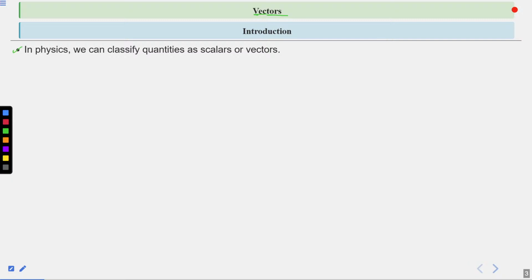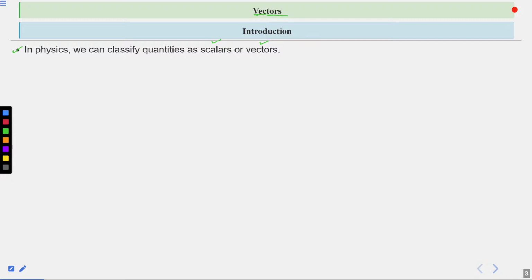In physics, we can classify quantities as scalars and vectors. So there are two types of physical quantities: scalar quantities and vector quantities. So here the question arises, what are scalars and vectors?